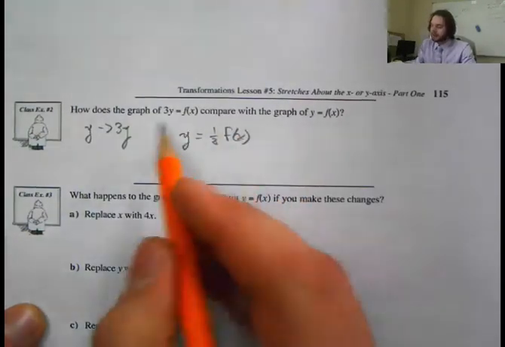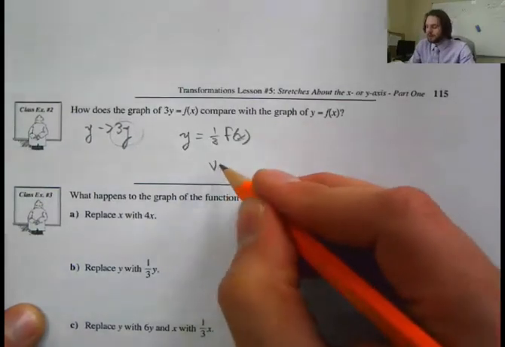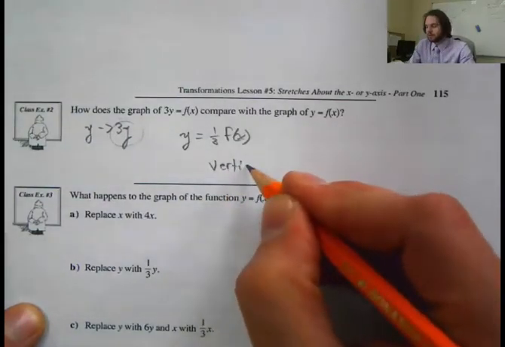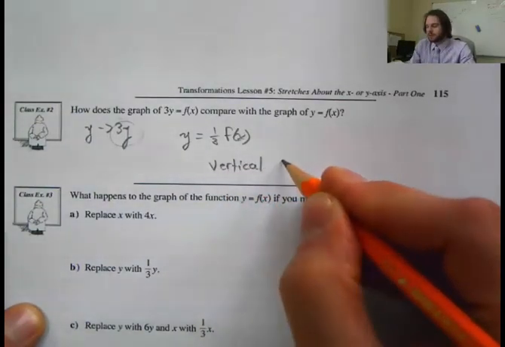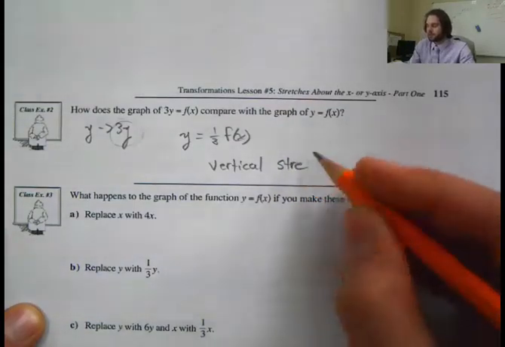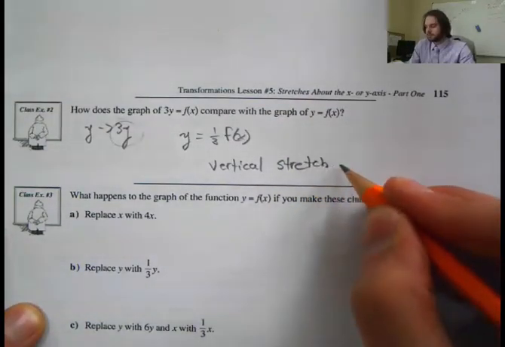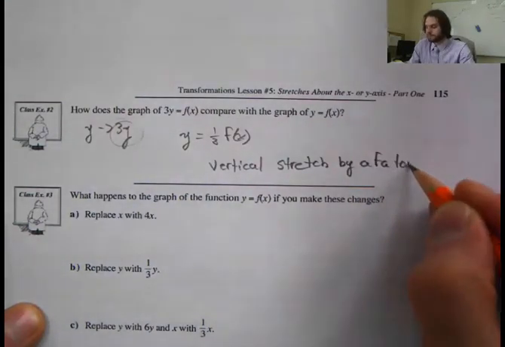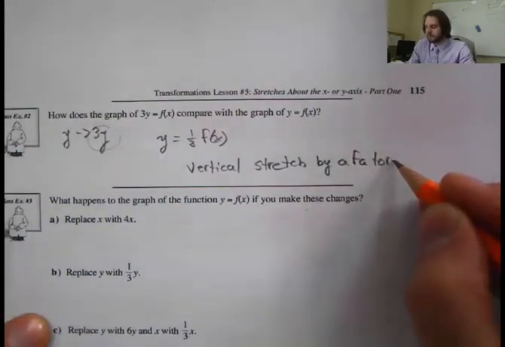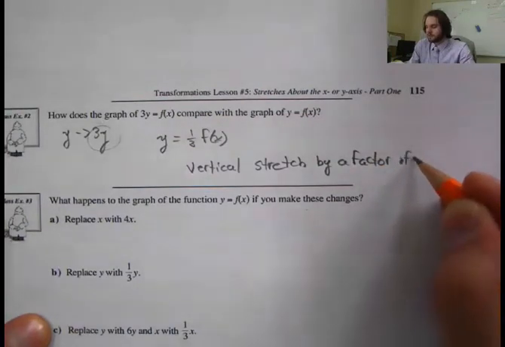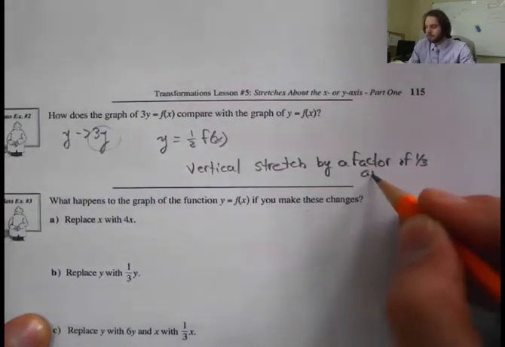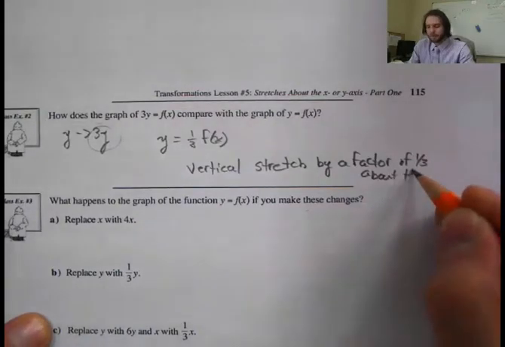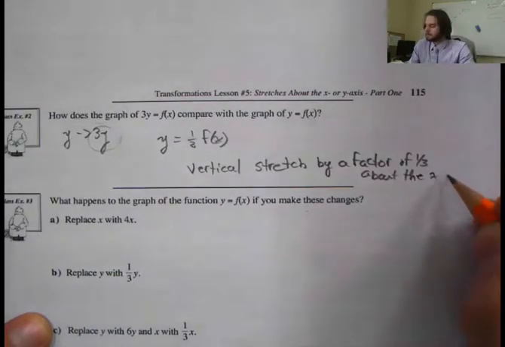So that our y is replaced with 3y, we have a vertical stretch by a factor of 1 over 3 about the x-axis.